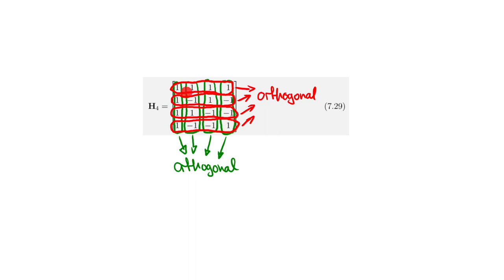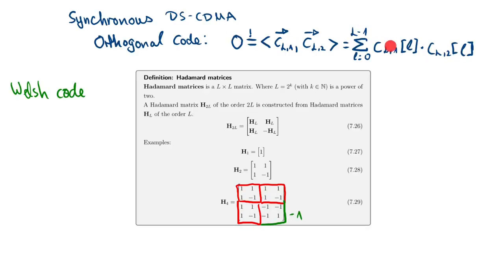So if you take the first row out as a vector and then take the second row out as a vector, you see that both vectors are orthogonal. So they fulfill this condition here.